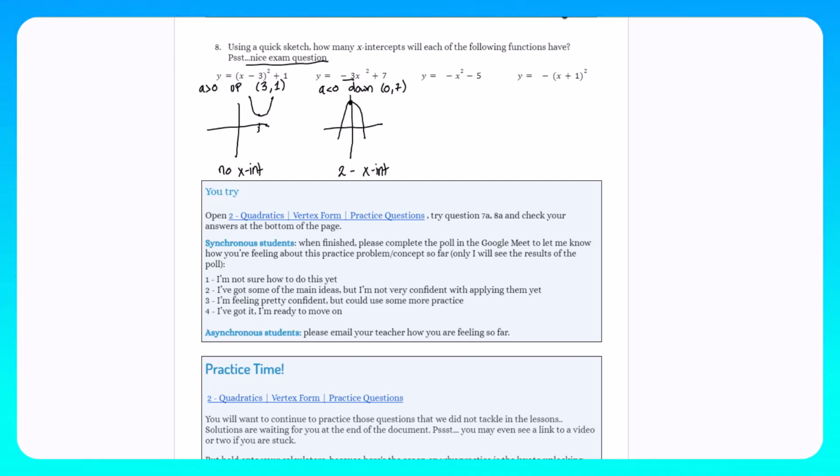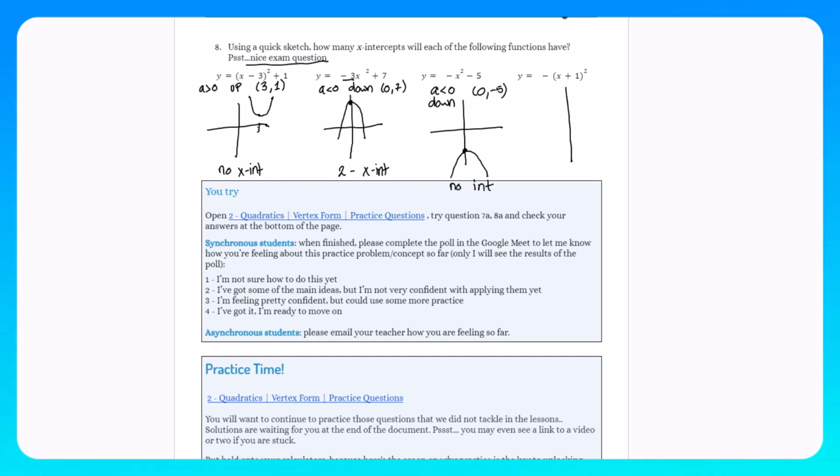Let's look at this one. Again, we have A less than 0, and our vertex is 0 and -5. Well, 0 and -5, that's below right here. It's less than 0, so it opens down like that. So this one has no intercepts.